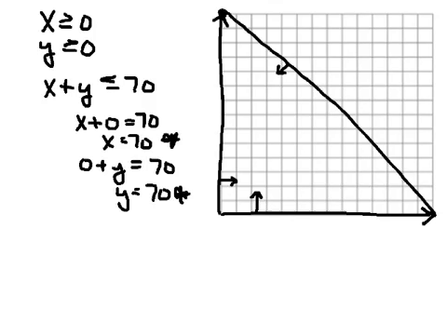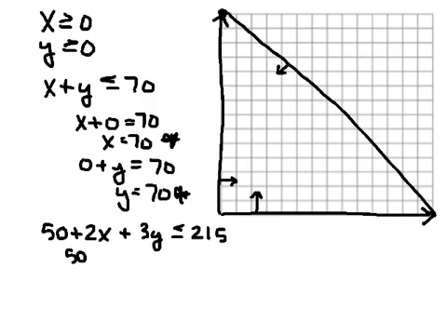Okay, our last equation is 50 plus 2x plus 3y is less than or equal to 215. Let's find out what our x-intercept and our y-intercept is. To find our x-intercept, we set y equal to 0.